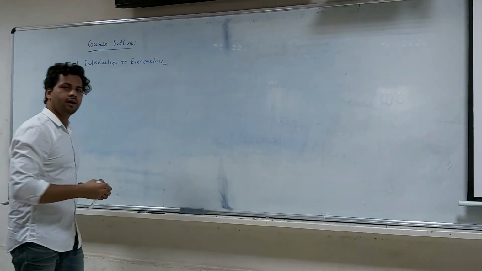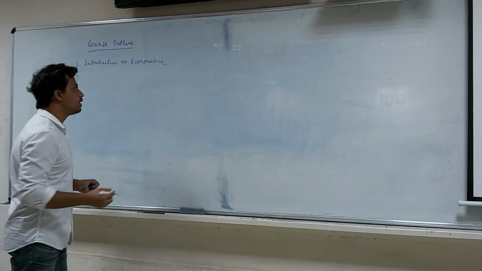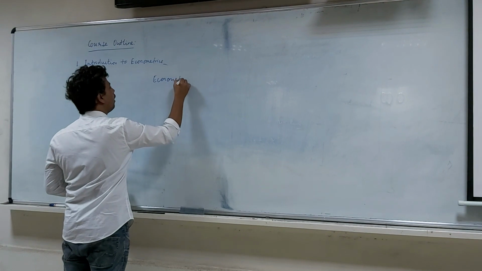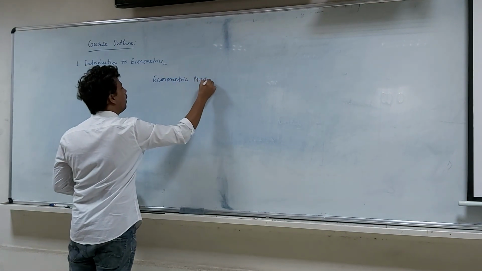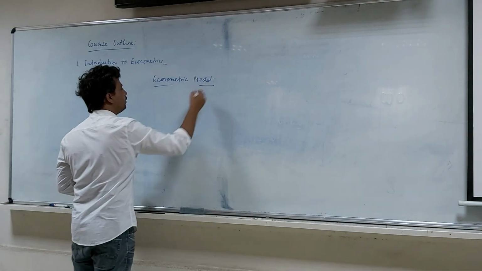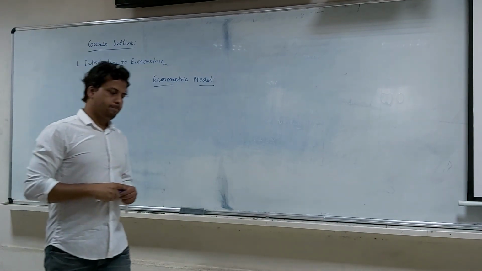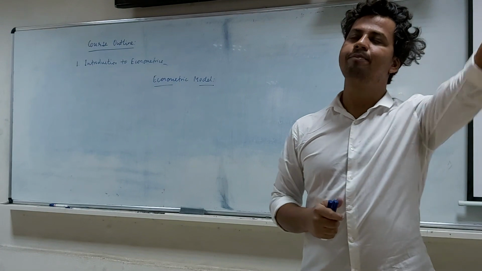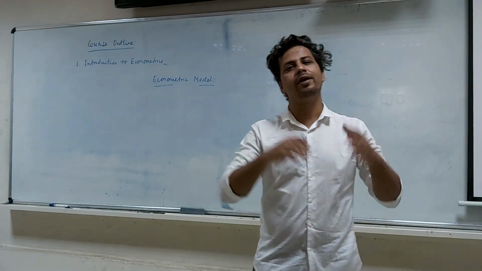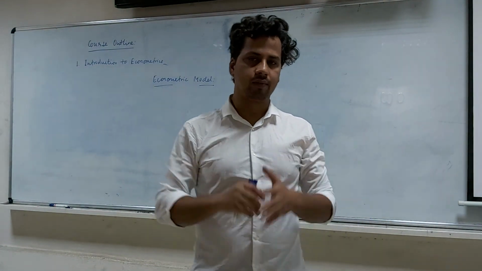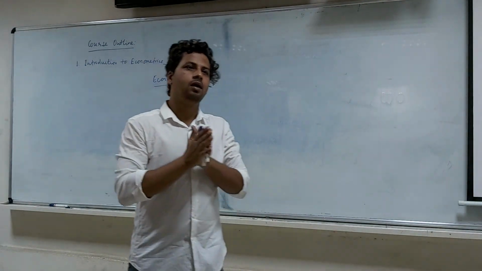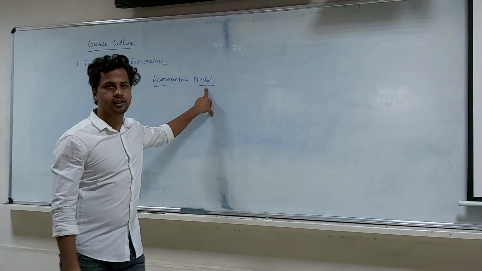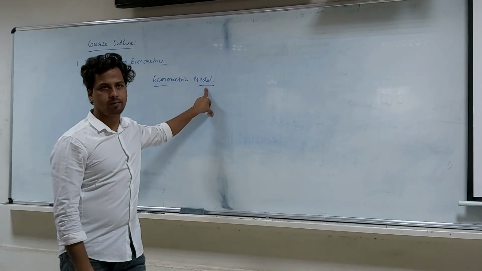Next, what do we exactly understand by an econometric model? To define a model, it is, in a very rough sense, a simplified representation of some phenomena in the economy.